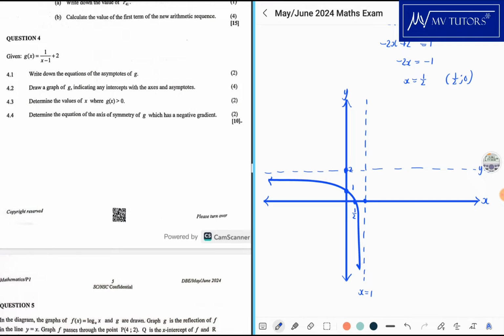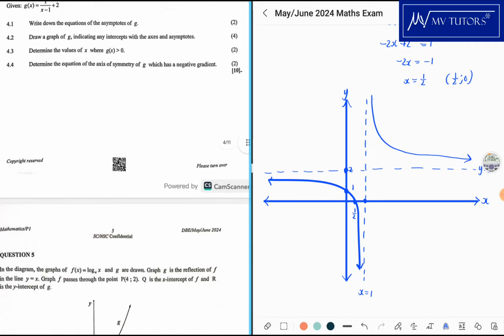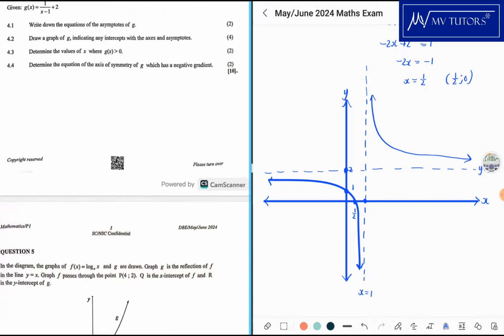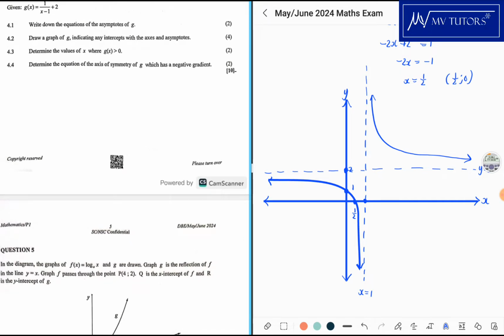Okay, so that's the first half of my graph, and then the other half will be here. All right. I don't like how this sketches it, so let me just sketch it my way. All right, so that is basically our graph sketched with the asymptotes and the intercepts. All right, and that is your 4 marks that you'll be getting.